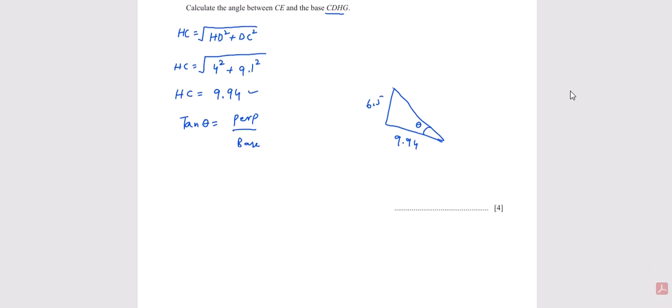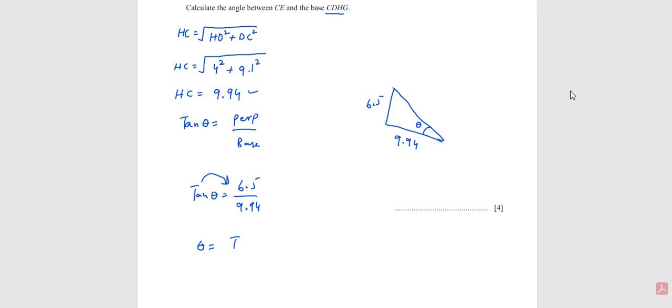So tan theta is equal to perpendicular 6.5 over base 9.94. So shift tan on this side.